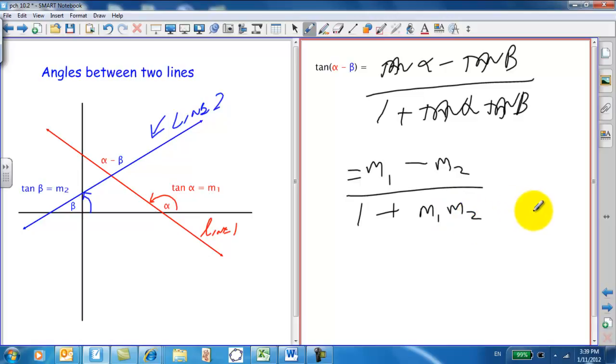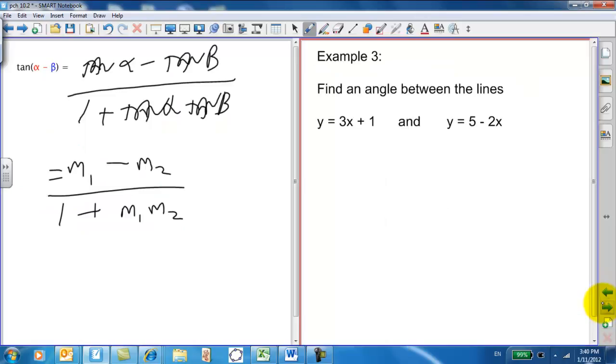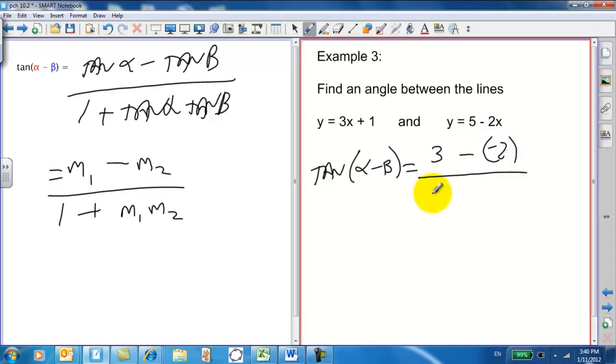So here's a little trick for finding the angle between two lines if we know their slope. So find an angle between these lines. Well, the tangent of the angle between them, alpha minus beta, will equal slope 1, which is 3, minus slope 2, which is negative 2, all over 1 plus slope 1 times slope 2. So you get 5 over 1 minus 6.